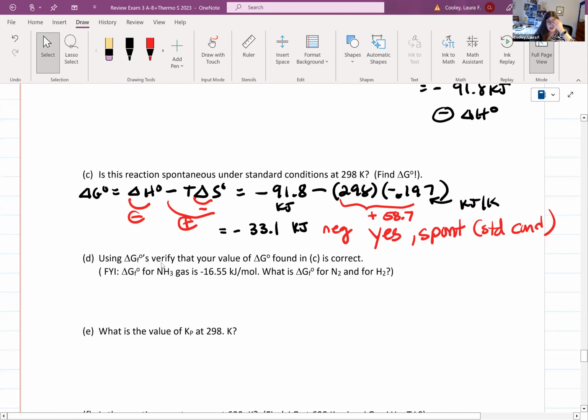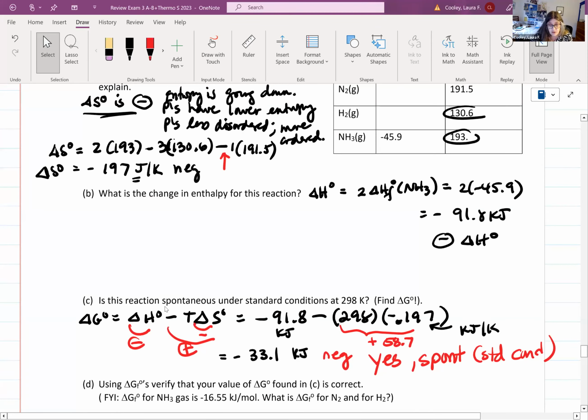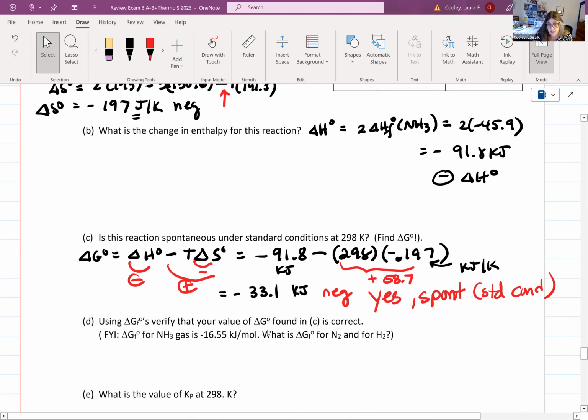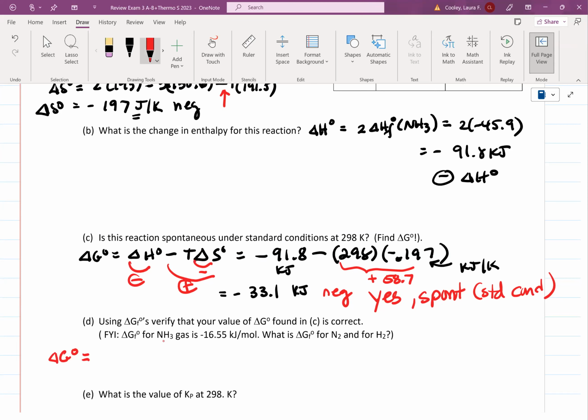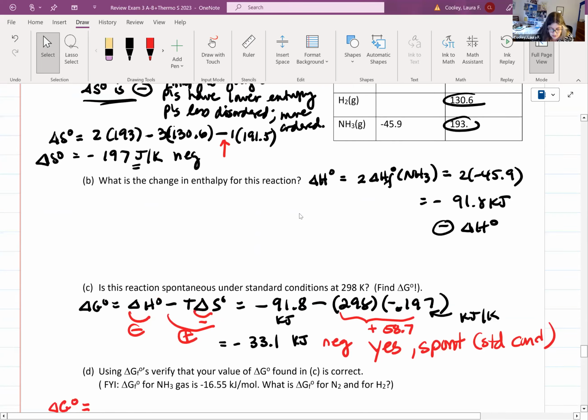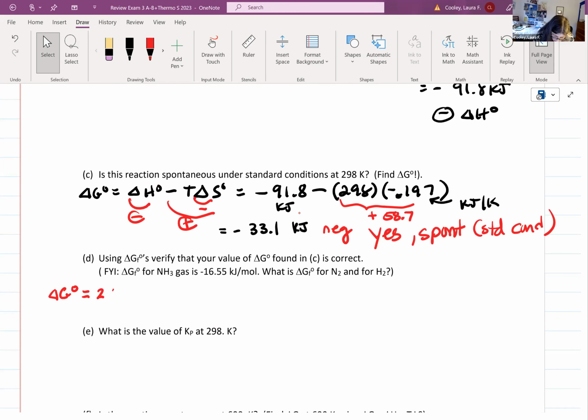And this is just a little practice. It says using delta G F0s, verify that your value of delta G in C is correct. Because I could have used the delta G0 is 2 times the delta G F0 of ammonia minus 3 times the delta G F0 of H2 minus 1 times the delta G F0 of N2.